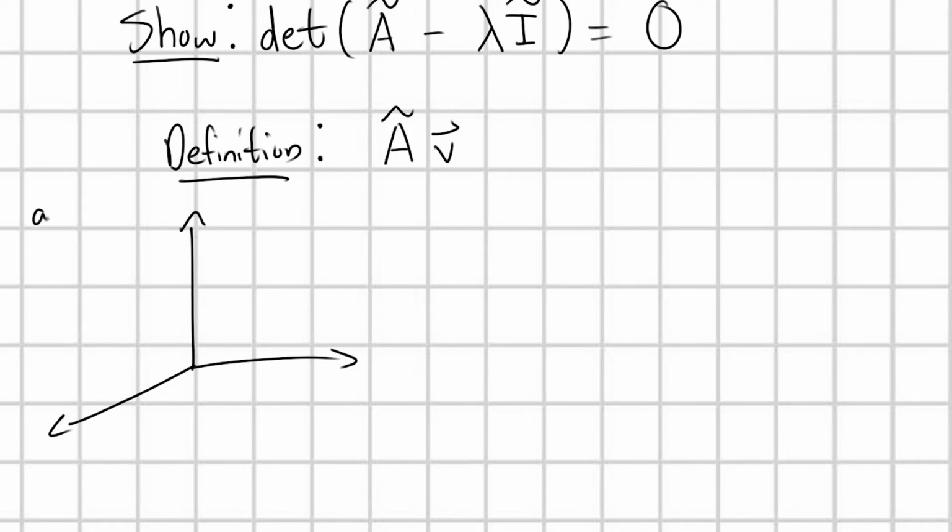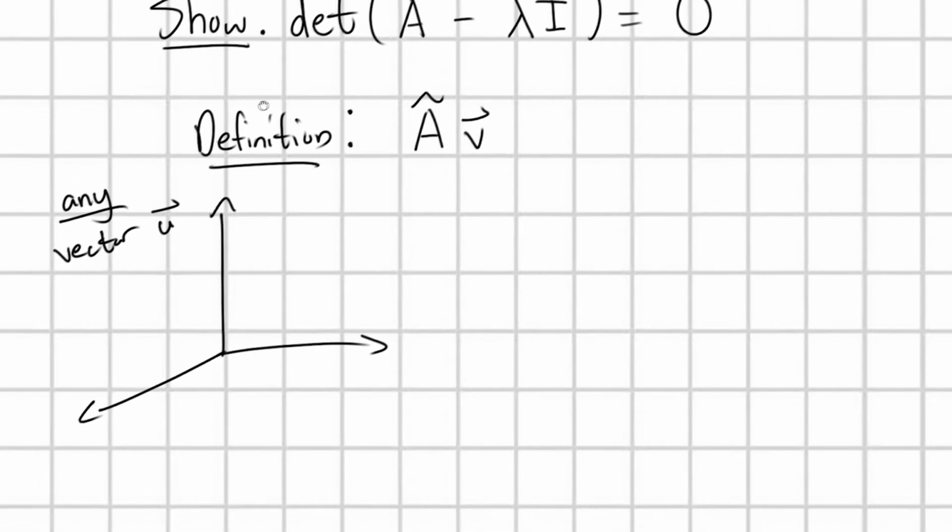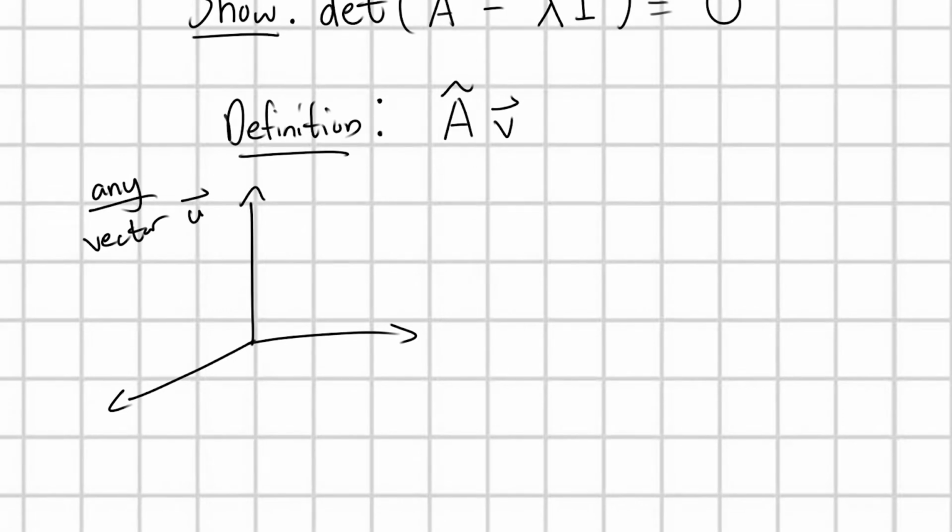This is for any vector, and I'll call this u since I'm using v to denote an eigenvector. If this here is u, in 3D space, maybe this is the projection of u onto the xy plane. So here's u, and now I transform it with A.